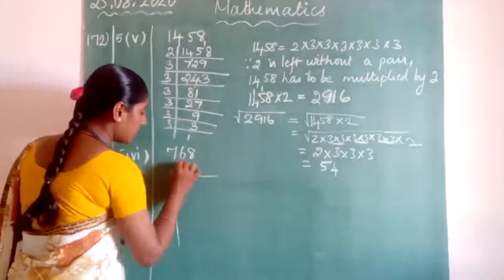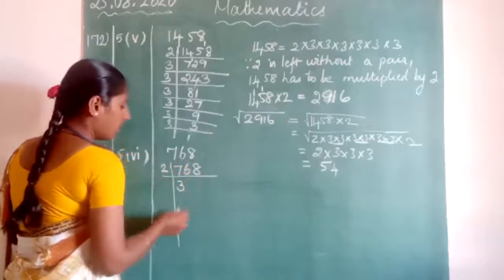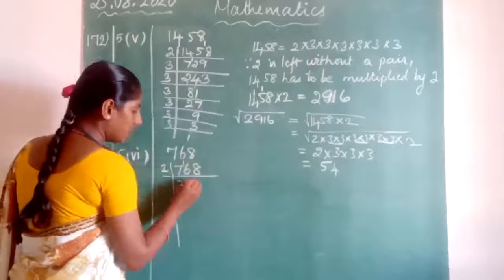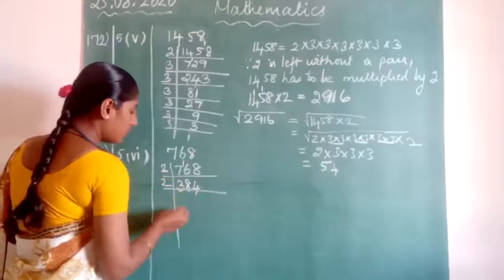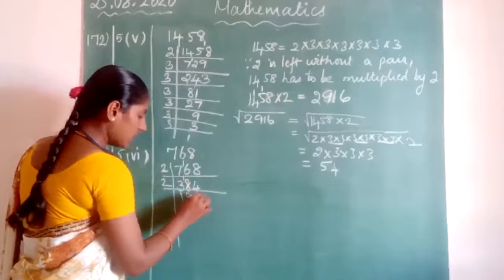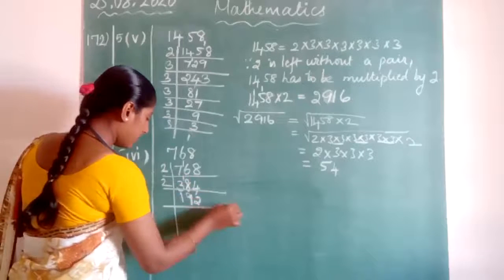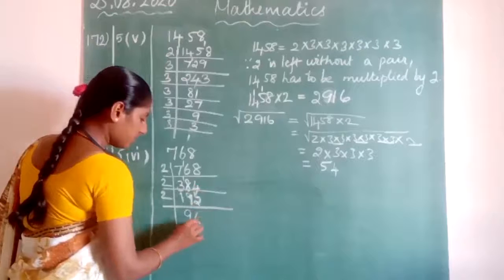Coming to the next question, 768 is given. Factorize it. 2 3's are 6, 1 remaining, 2 8's are 16 and 2 4's are 8. Then again 2 1's are 2, 1 remaining, 2 9's are 18 and 2. Then 2 9's are 18, 1 remaining.